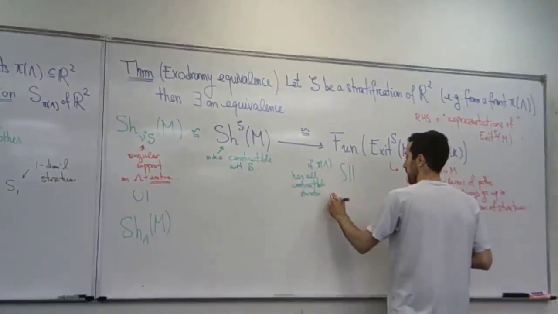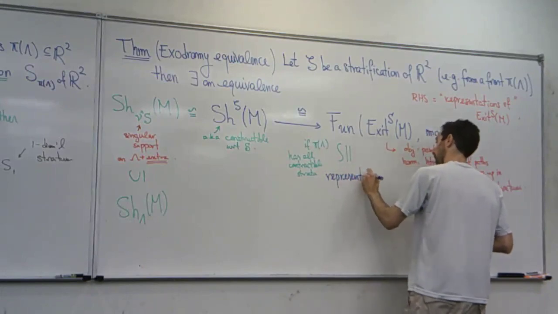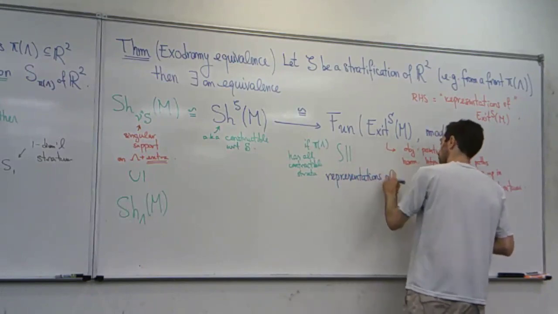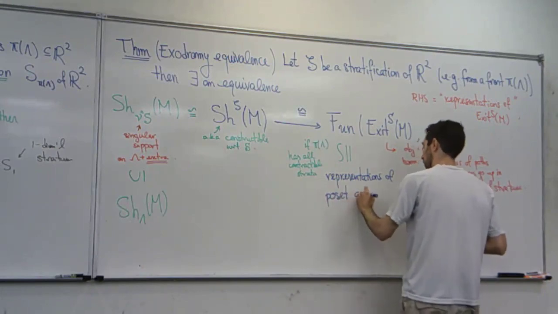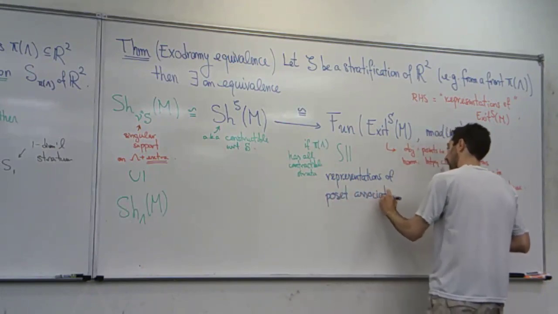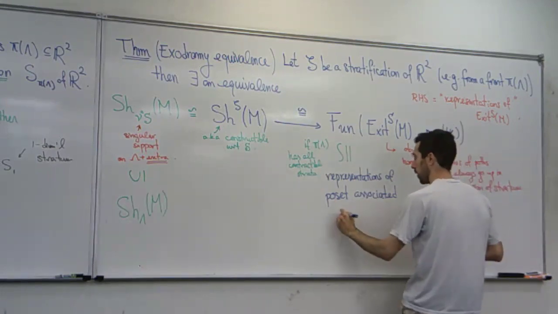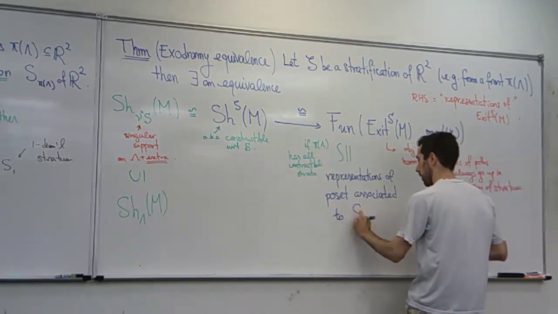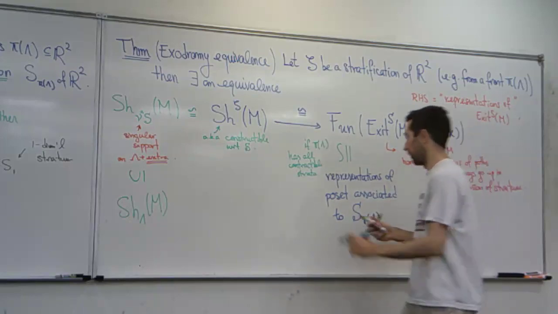So this is K-module representations of the poset, partially ordered set, associated to, let's say the front, really it's associated to the stratification of the front. So associated to the stratification of some lambda. Well, let's do an example of that.